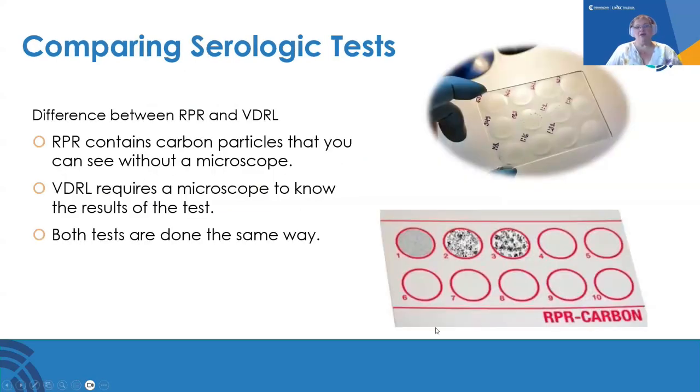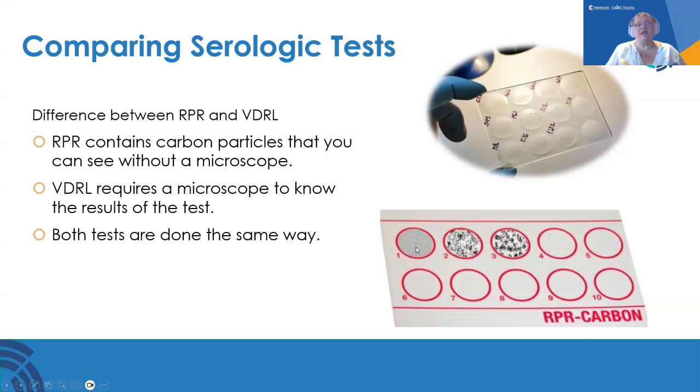So I always like to know the why behind it and how it's done, and that helps me remember certain things. So the RPR, the way that that's done is they take a drop of the serum. You draw the blood, you spin it down, you get just the serum. You take a drop of serum and then a drop of the solution that helps it clump together, and you mix it together.